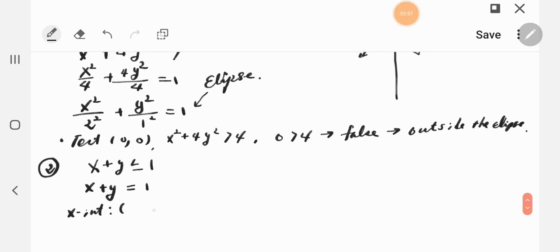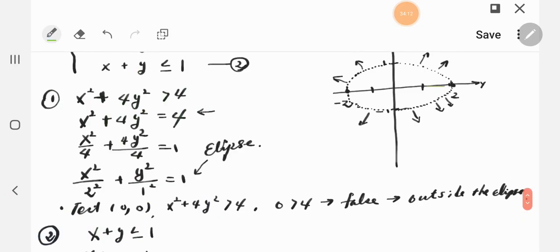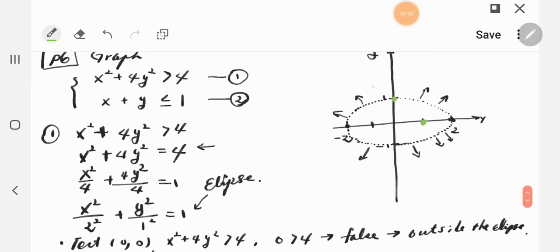X-intercept is when y equals 0, then x equals 1. Y-intercept, x equals 0, also y equals 1. Alright, so let's use a different color. This is the x-intercept, this is the y-intercept, and there's an equal sign, so we will draw a straight line.